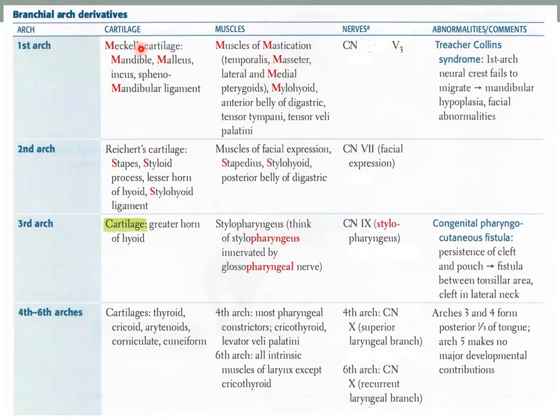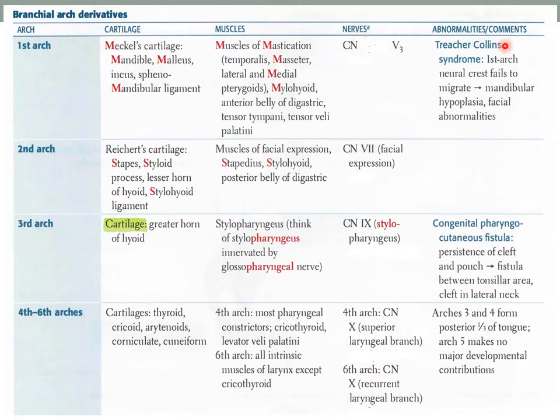The first arch gives Meckel's cartilage, which gives the mandible, the malleus, incus, and the sphenomandibular ligament. You notice that the derivatives start with M. The muscles are the muscles of mastication, temporalis, masseter, lateral and medial pterygoid, mylohyoid muscle, anterior belly of digastric, tensor tympani, tensor veli palatini. The cranial nerves that supply the first arch are the maxillary and mandibular branches of the trigeminal.